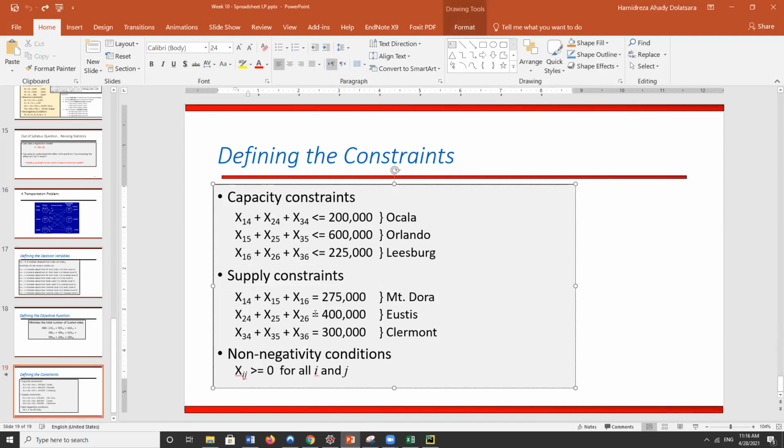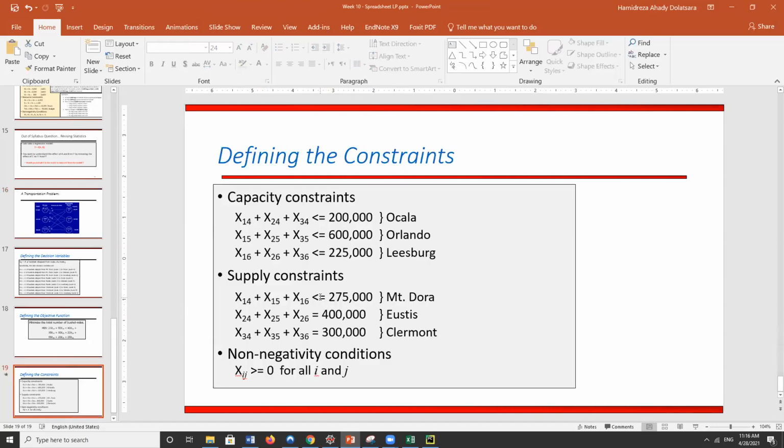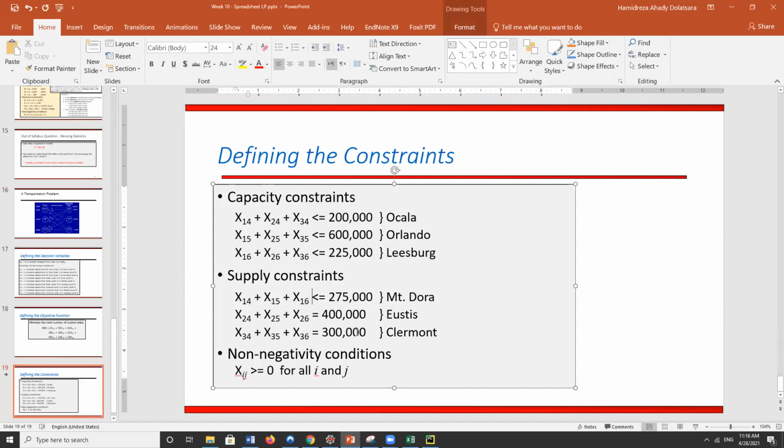It doesn't mean it should always be like this. Maybe based on your experience, you know that you have some waste. Maybe you change it to less or equal, because you might say, although your supply Mount Dora is 275,000, maybe at the end you just cancel 260,000. For such cases, maybe we can consider less or equal. But here, based on our policy, we just make them equal.